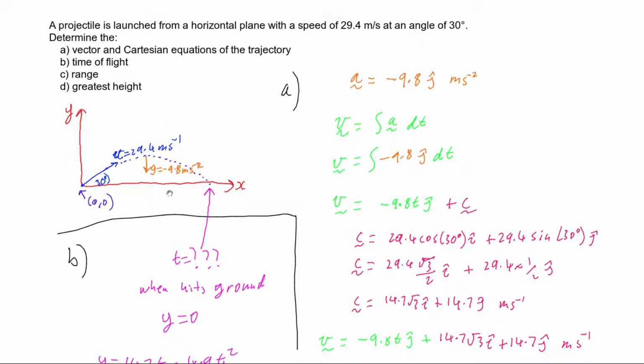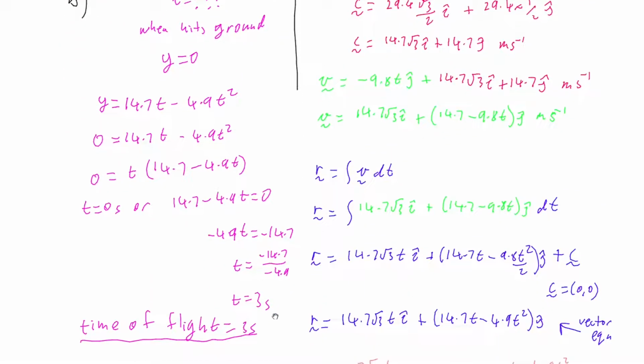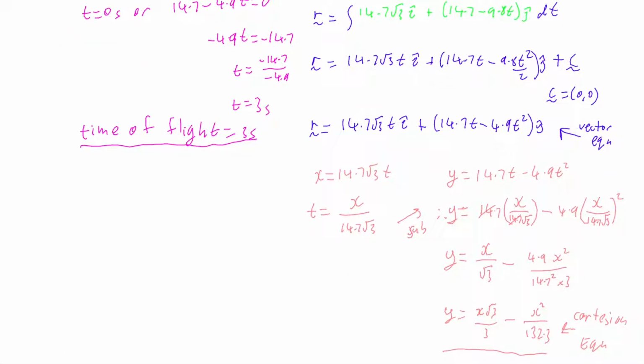Part C was the range. So this is where we also want to know when we hit the ground, but we want the horizontal component. Now we happen to know that the time when it hits the ground is at 3 seconds. So we can use that with a horizontal displacement. So we hit the ground at t equals 3.